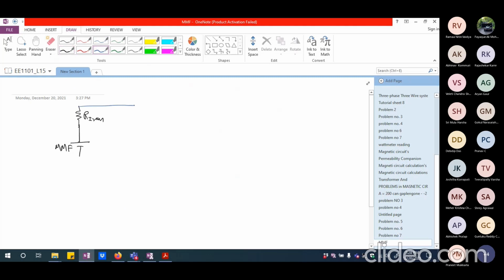Now, along with this, I'm going to have one side limb which is having a uniform reluctance, side limb reluctance. And the other side limb is going to have one reluctance due to iron and one more due to air gap.